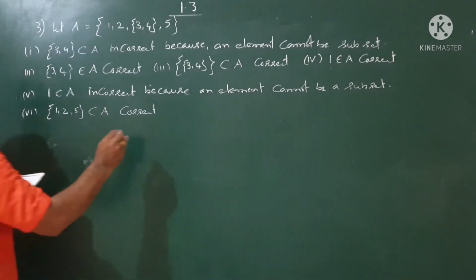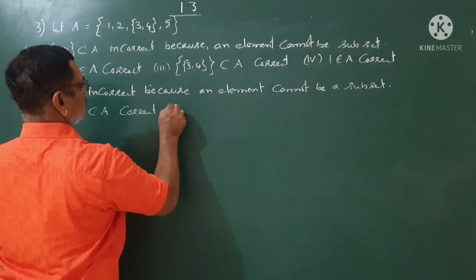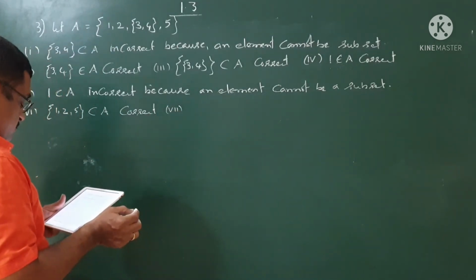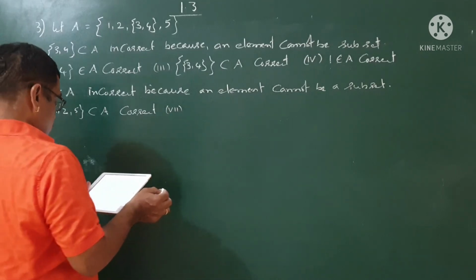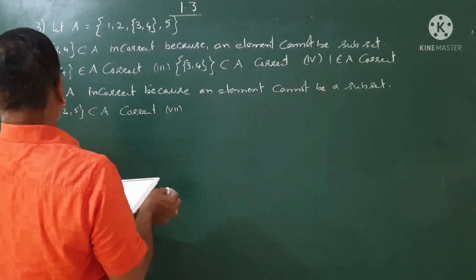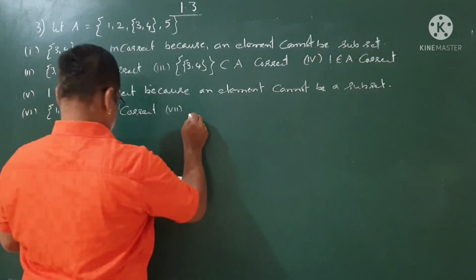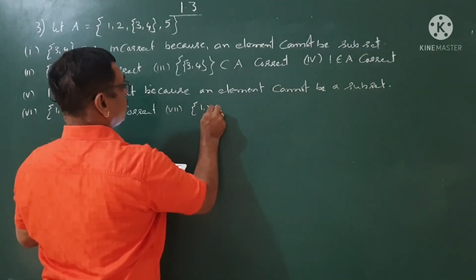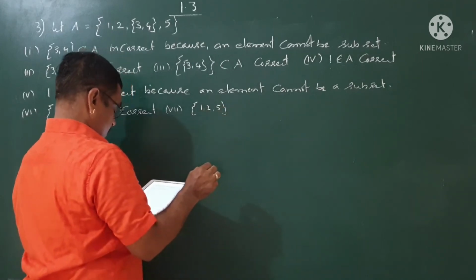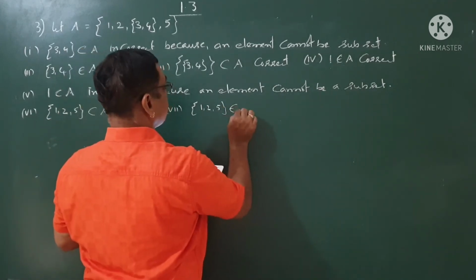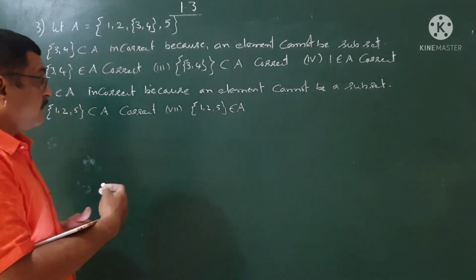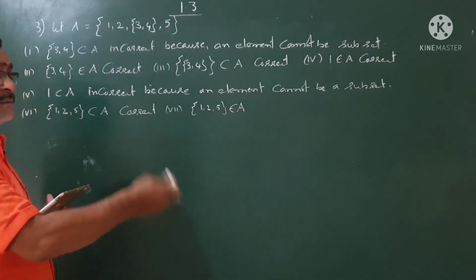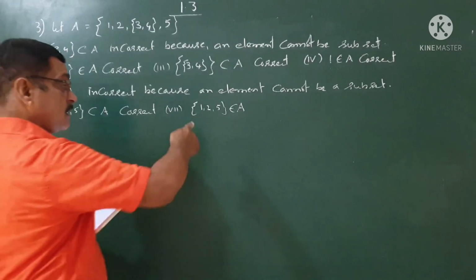Next, 7th. Same thing here. {1, 2, 5} belongs to A. {1, 2, 5} is a set. A set cannot be an element of A. Therefore, this is incorrect.